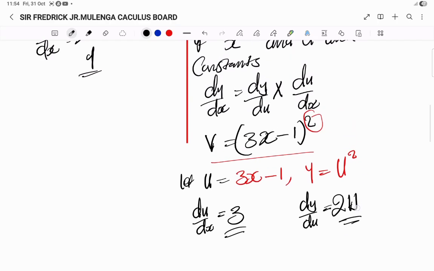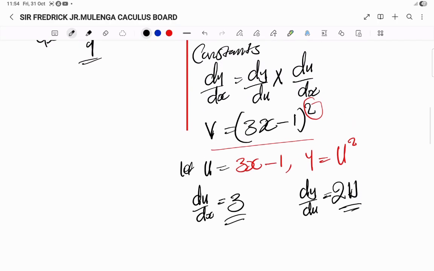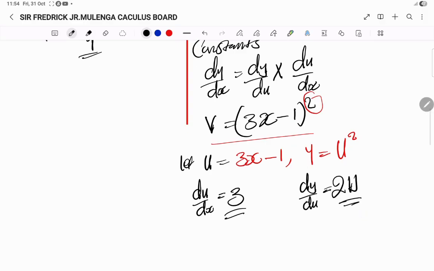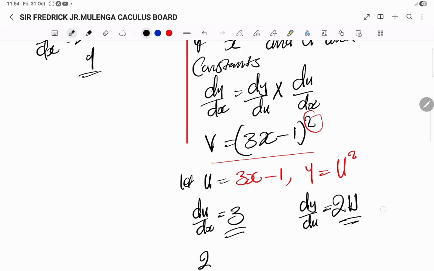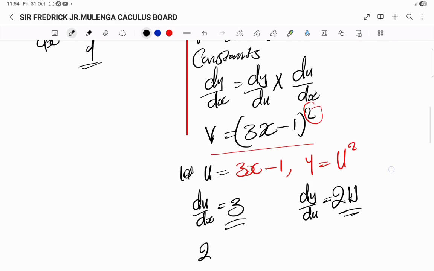So chain rule is telling us dy/dx equals dy/du times du/dx. So we'll replace now what we have. So dy/du is 2. But remember, u is what? u is this number or this function.